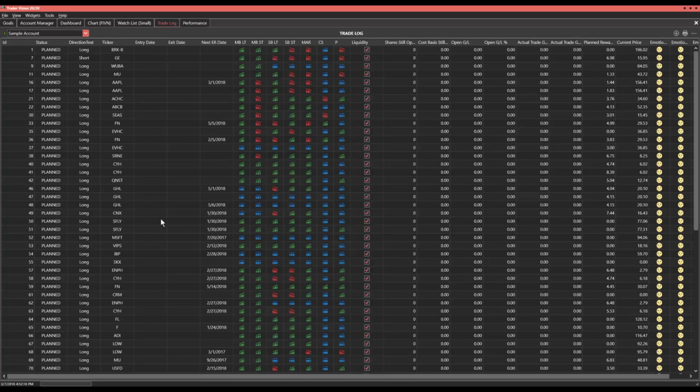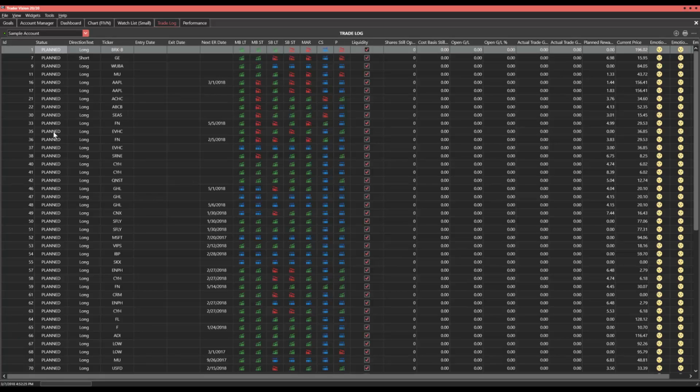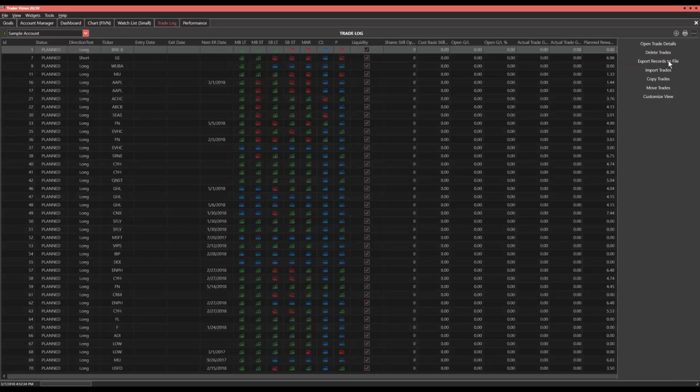And that brings up something that I had a support request on, so let's just go through and do that. Let's go back here and just highlight how we get rid of trades when we do our housekeeping. So you highlight a trade, you click on the three dots over here, which is options, and then you select delete trades.